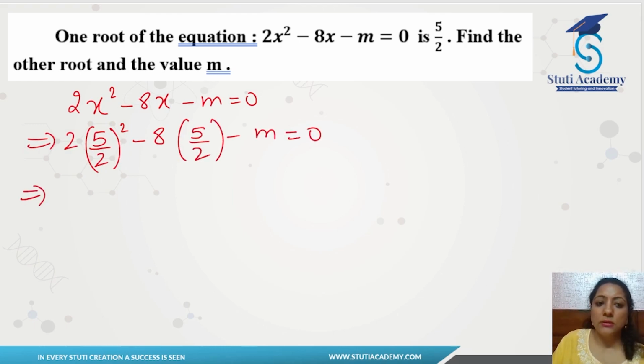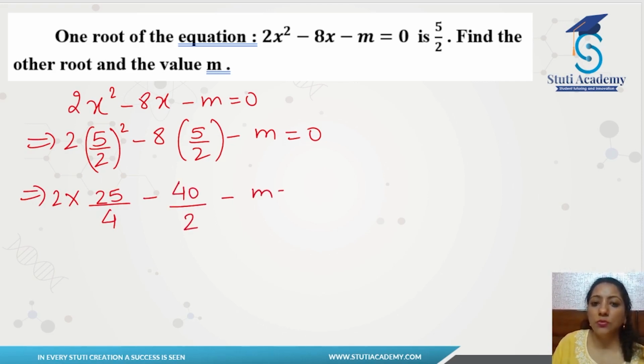This will give us 2 into 25/4, and 8 into 5 will give us 40, 40/2, minus m is equal to 0. Now this will give us 50/4 − 40/2 − m = 0. We can take the LCM here. The LCM here is 4.